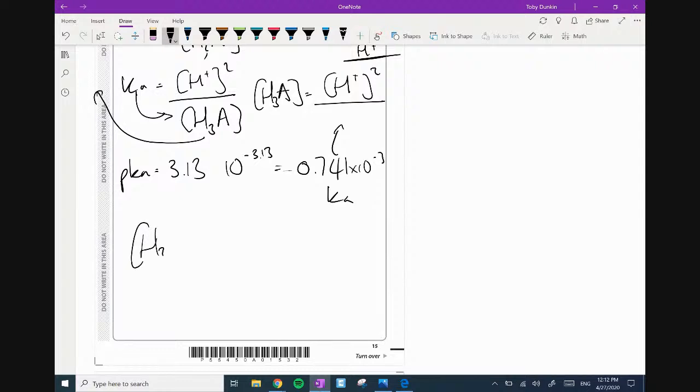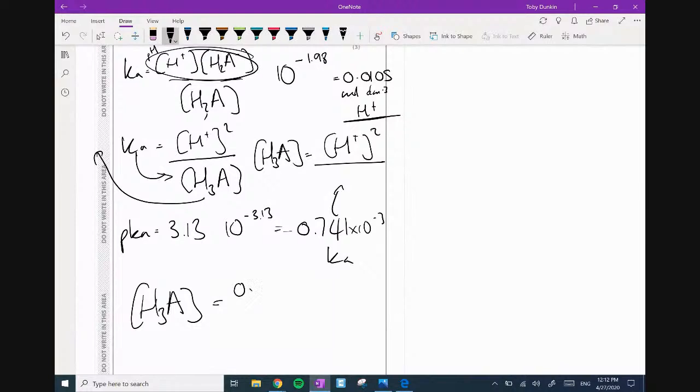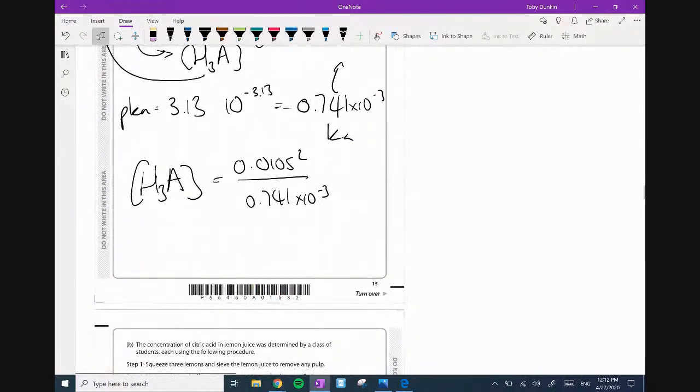So the concentration of that equals 0.0105 squared all over 0.741 times 10 to the minus 3. 0.0105 squared divided by answer gives me the concentration: 0.149 moles per dm cubed.